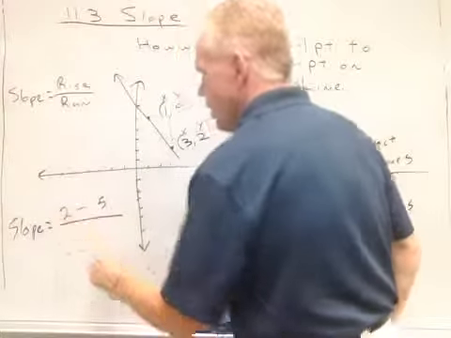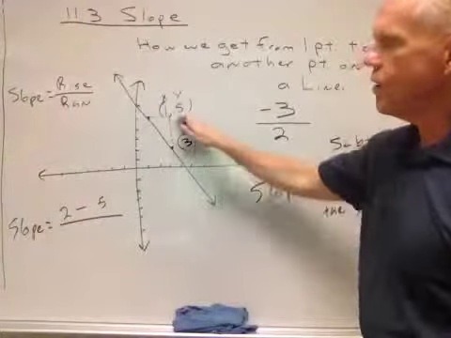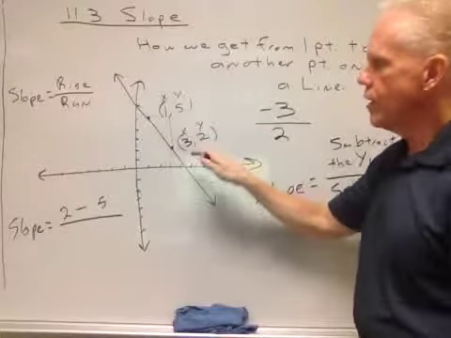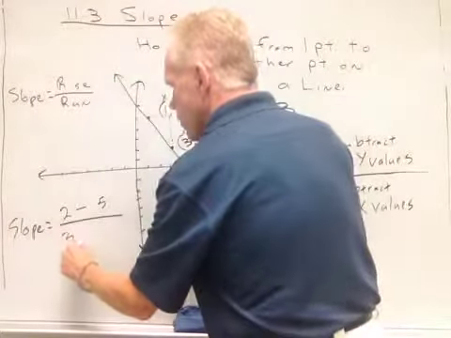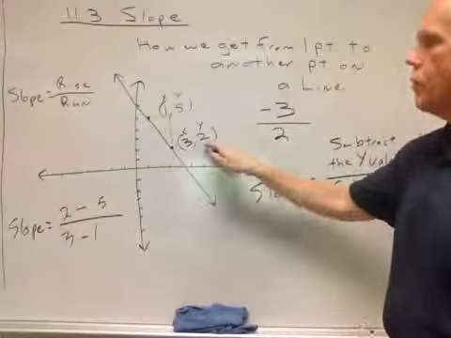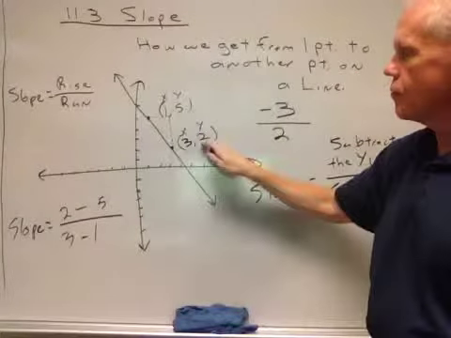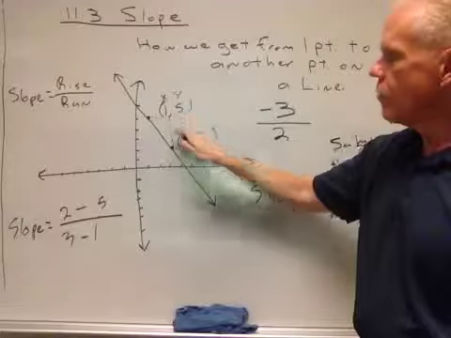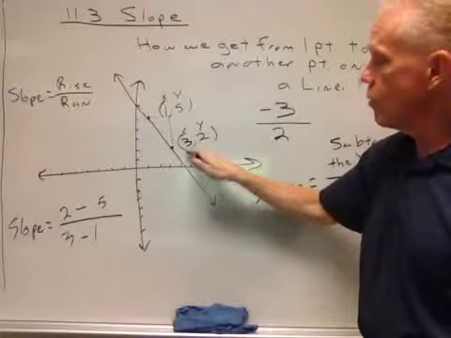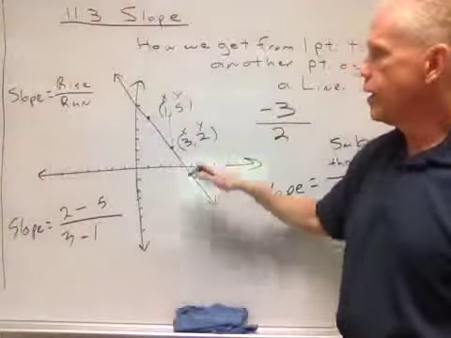Catch up with me. All right, so 2 minus 5 for the y values, and then 3 minus 1. We want to make sure that when we go 2 minus 5, from this point subtract this point, we also go in the x value with this point subtract this point.